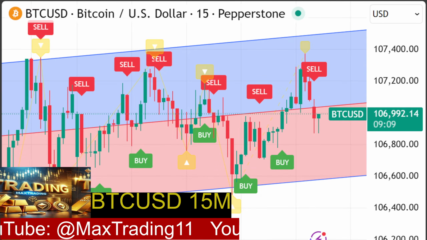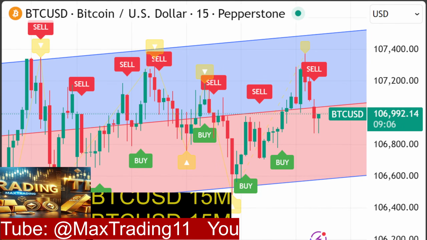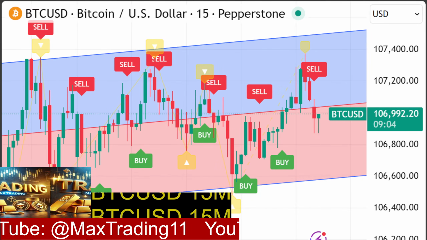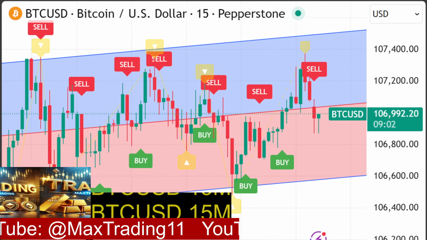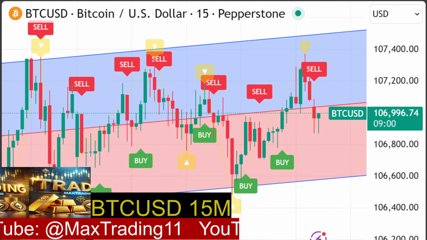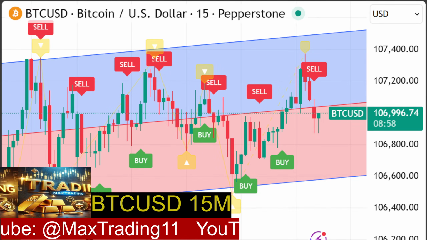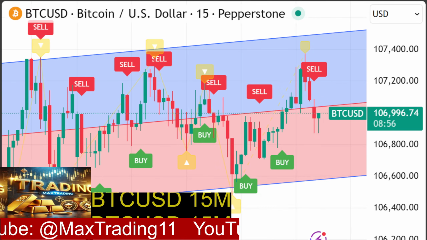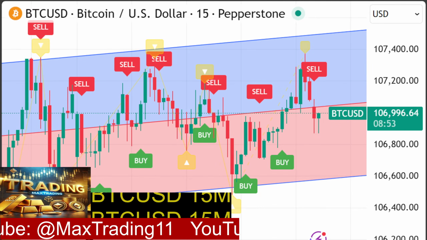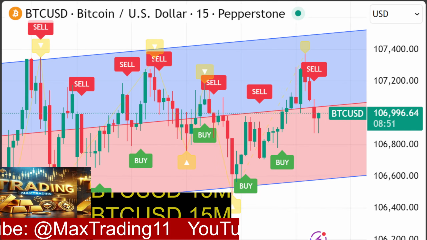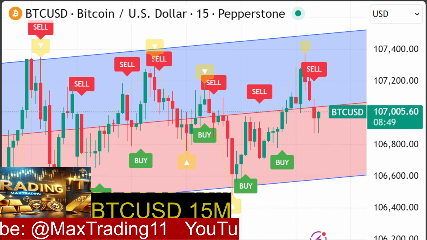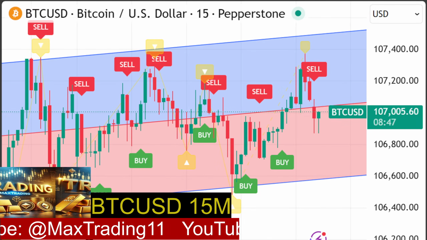Four, the candle pattern supports the entry: engulfing, pin bar, or rejection. Five, price interacts with a known structural level, support/resistance or midline. When three or more of these align, probability significantly increases.